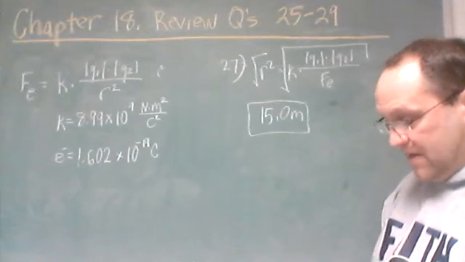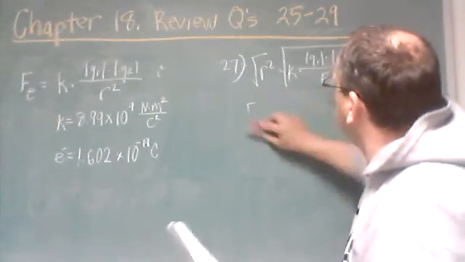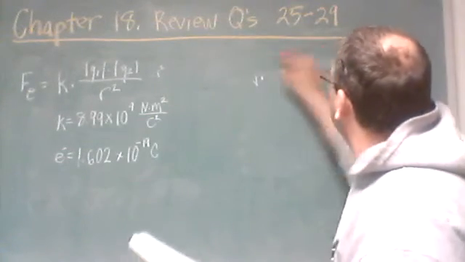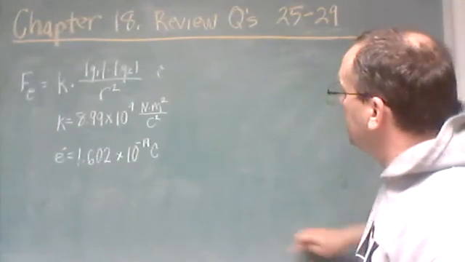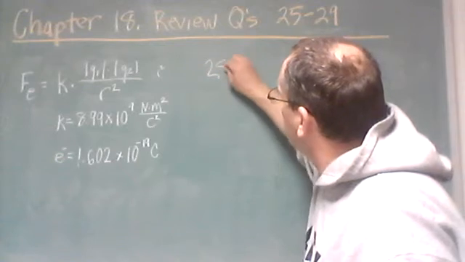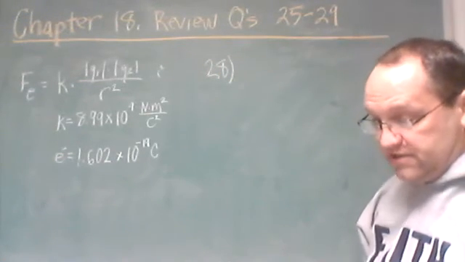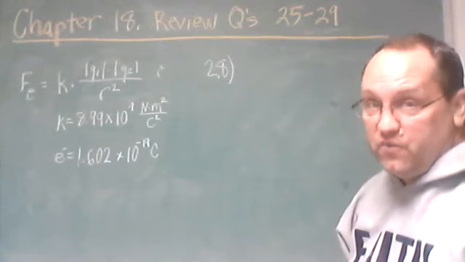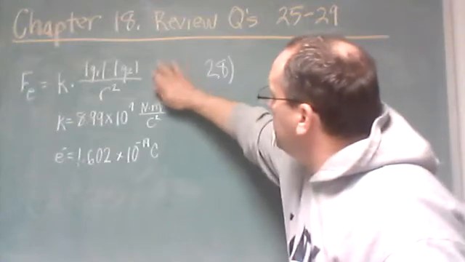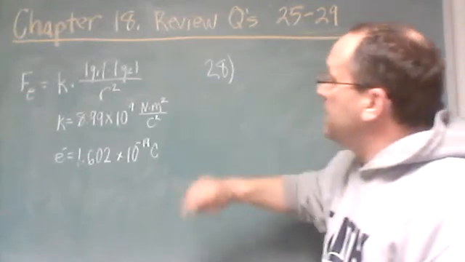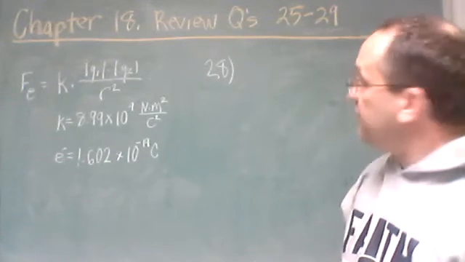Problem 28. We're finding one of the charges now, so we are going to rearrange the equation for the charge. I just picked Q1 as the given charge, and I'm going to solve for Q2.